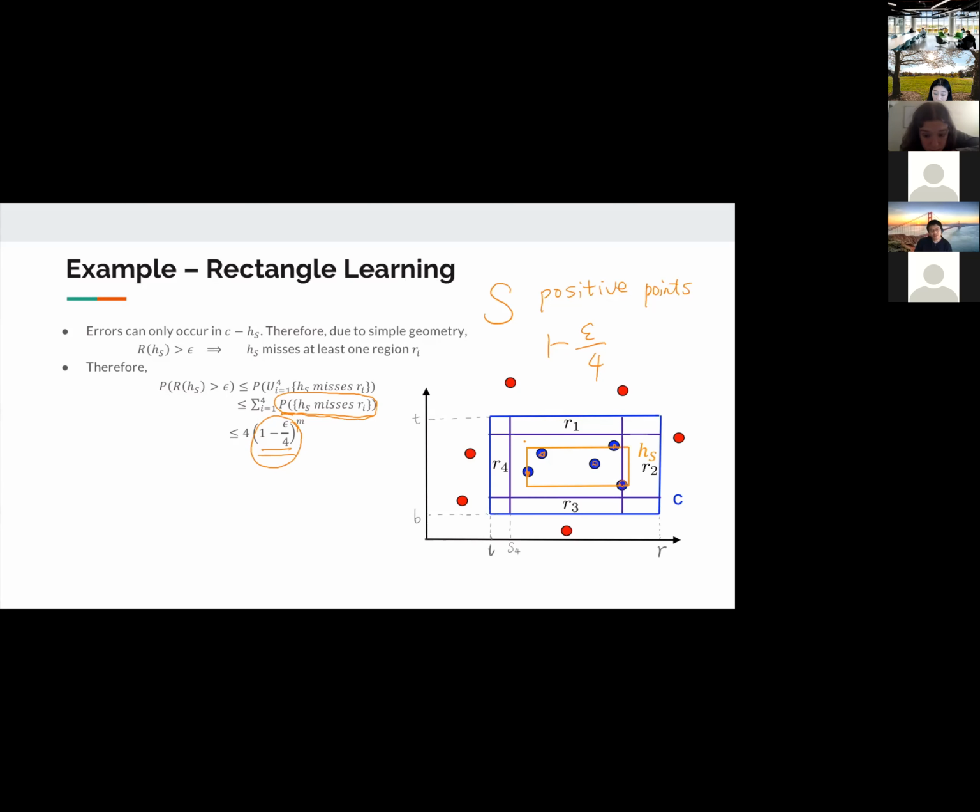Therefore, it misses Ri with probability 1 minus epsilon over 4. And now you want all of the points to miss Ri, right? So that's why you have a power m here, because these examples are IID, therefore the probabilities should be multiplicative. Okay?